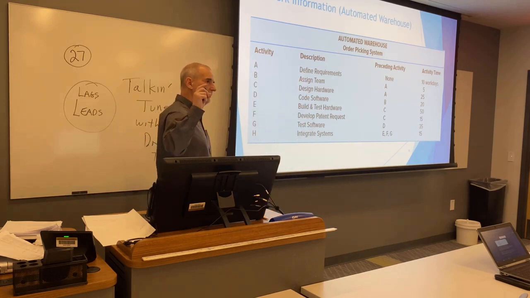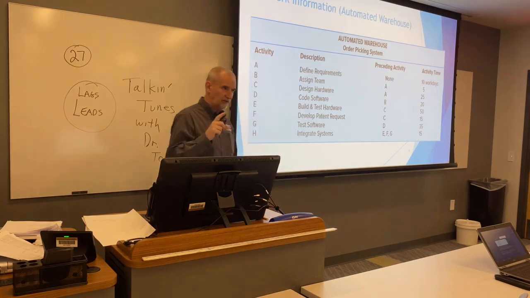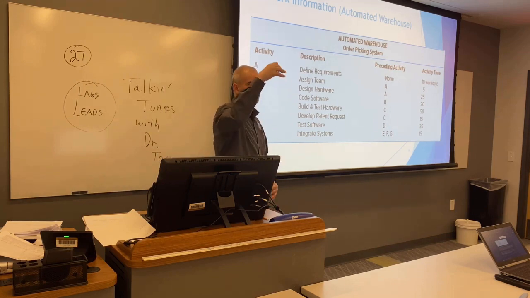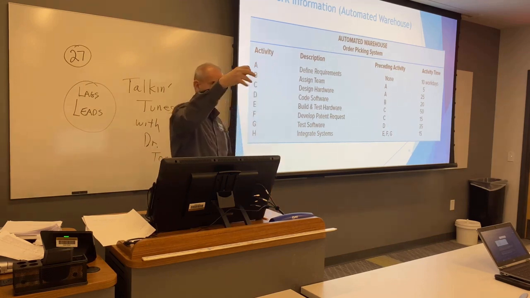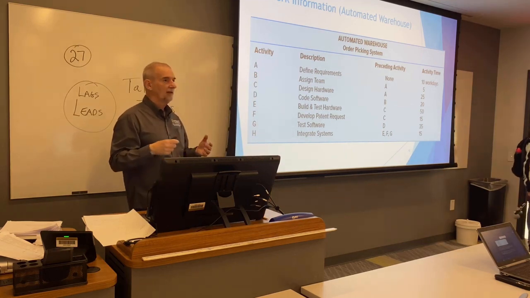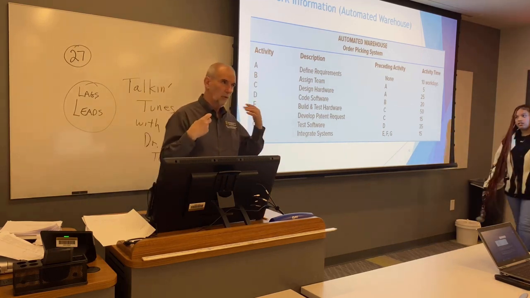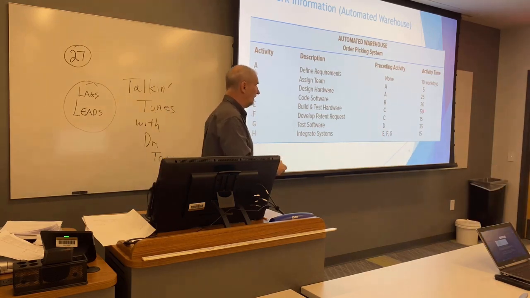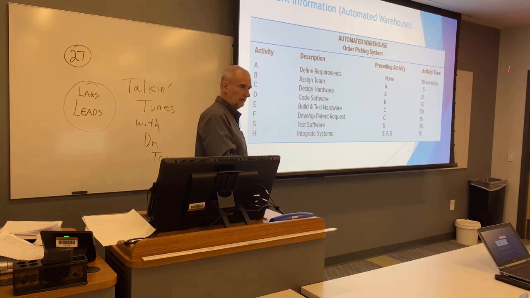Now, when you do your Microsoft Project assignment number 3, when you look at the narrative, there's a few paragraphs. You're going to have to translate those words into these predecessors and these times. You got it?